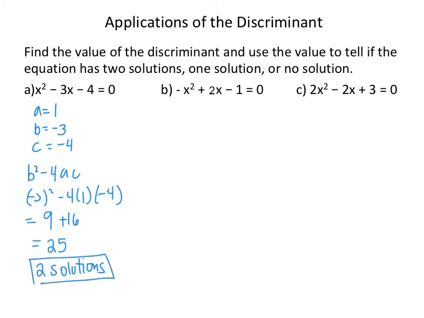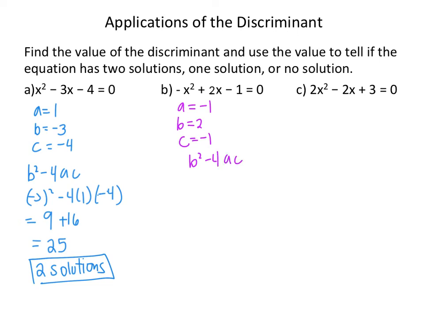Looking at this next one, I have negative x squared plus 2x minus 1. First step, I identify my a, b, and c. A is negative 1, b is 2, and c is equal to negative 1. We have b squared minus 4ac for our discriminant.